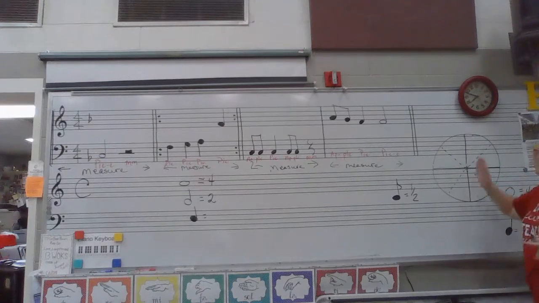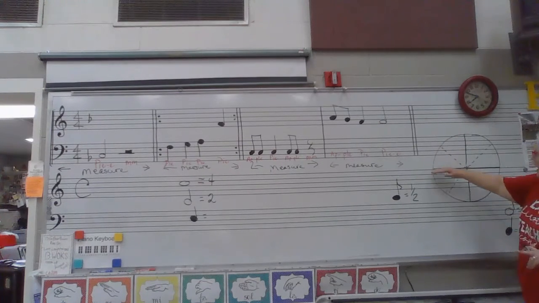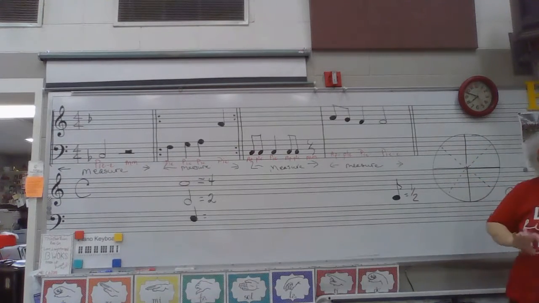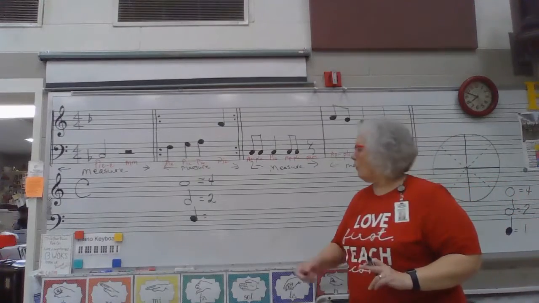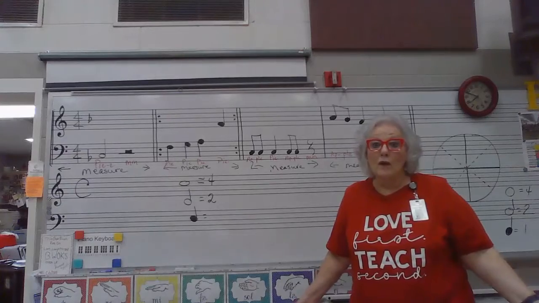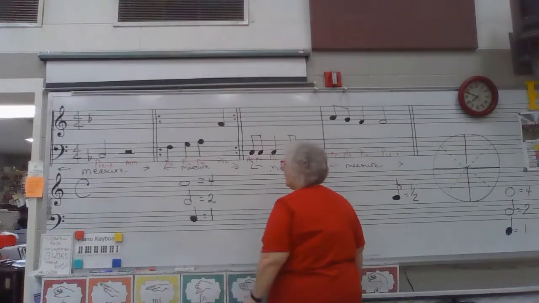We cut it in half. We have two halves. That's half notes. Now we're going to cut each half into 1, 2, 3, 4 pieces. We're going to cut that. And so when we cut that in half, what is half of 2? 1. So he gets 1 count.